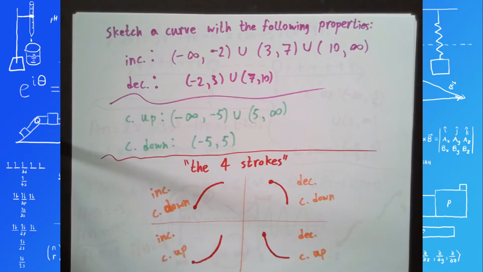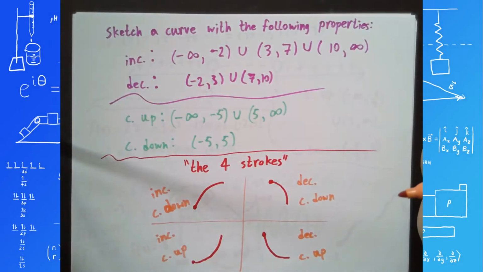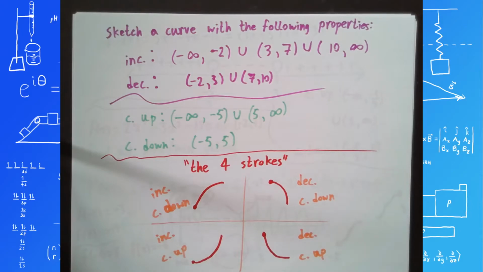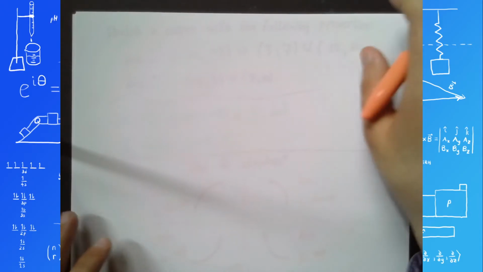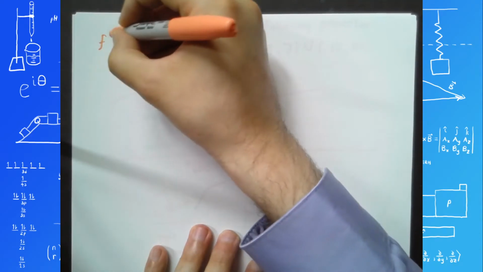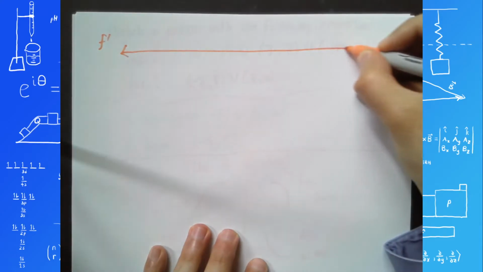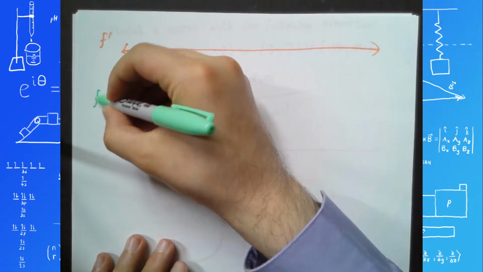Okay, so now what I want to do is draw the number lines for the increasing, decreasing, and the concavity. So the first and second derivative number lines. You don't have to use number lines if you don't want to, but I find it helpful to have that visual. So I'll label this the f prime number line. And I'll label this next one the f double prime number line.